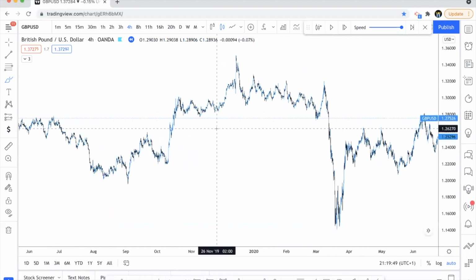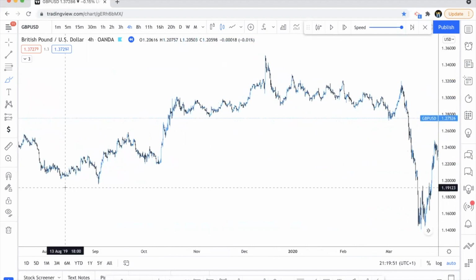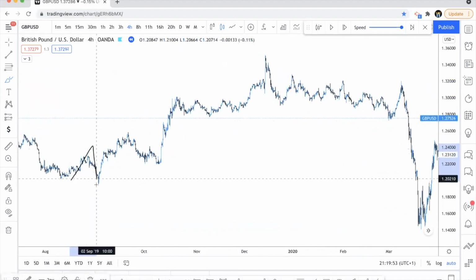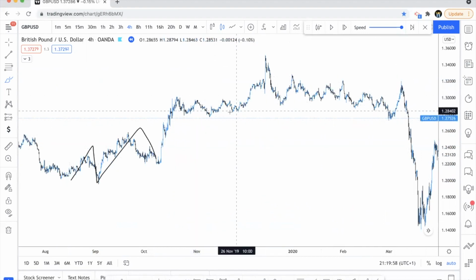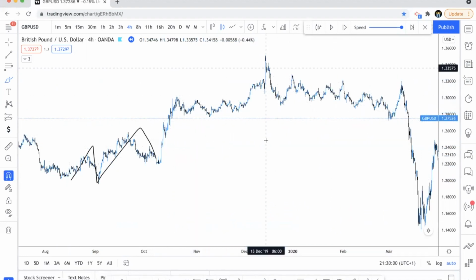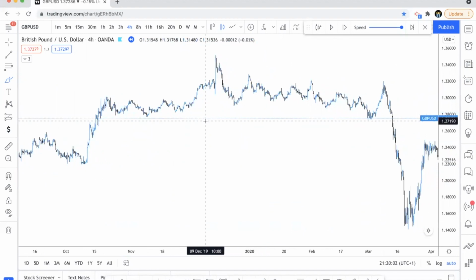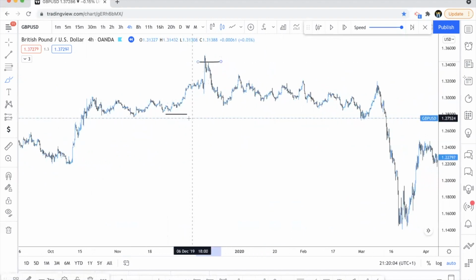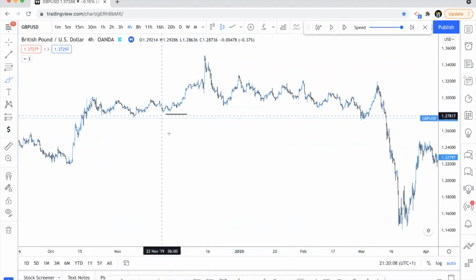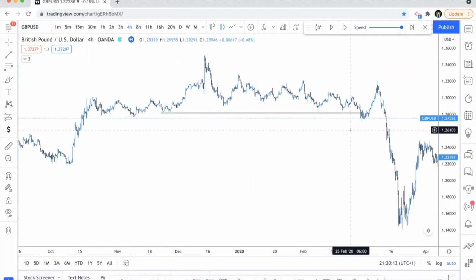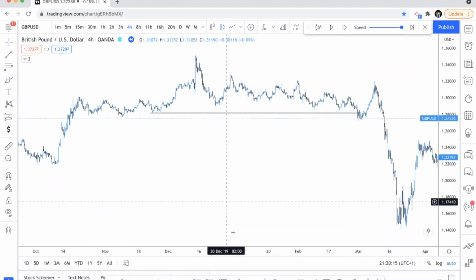If you look at here, you can again see that minor structure is taking over here, and substructure hasn't taken over just yet, because you can clearly see here that this is our low, this is our high. Our substructure hasn't been broken just yet, or has it right here? Let me just see. Let me line it over here. Okay, so substructure did break over here.